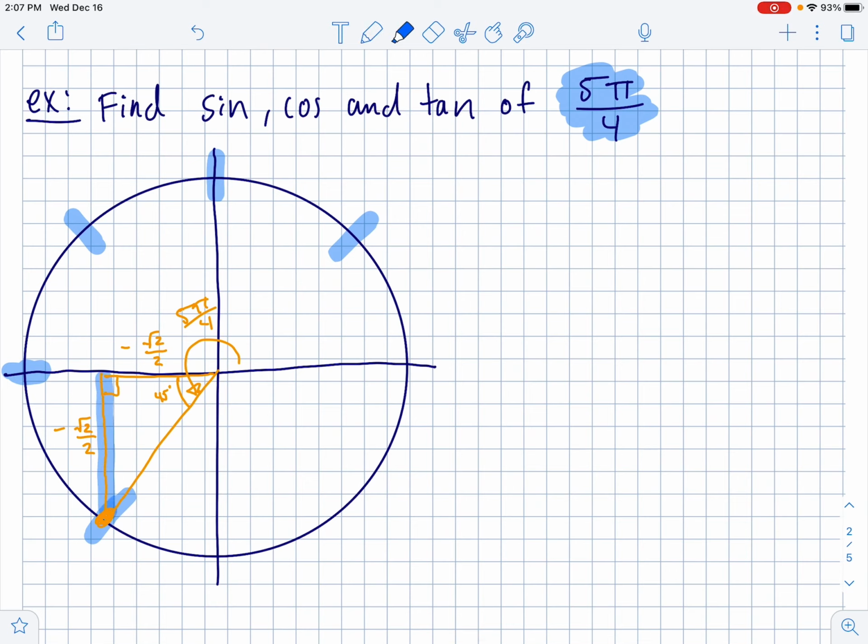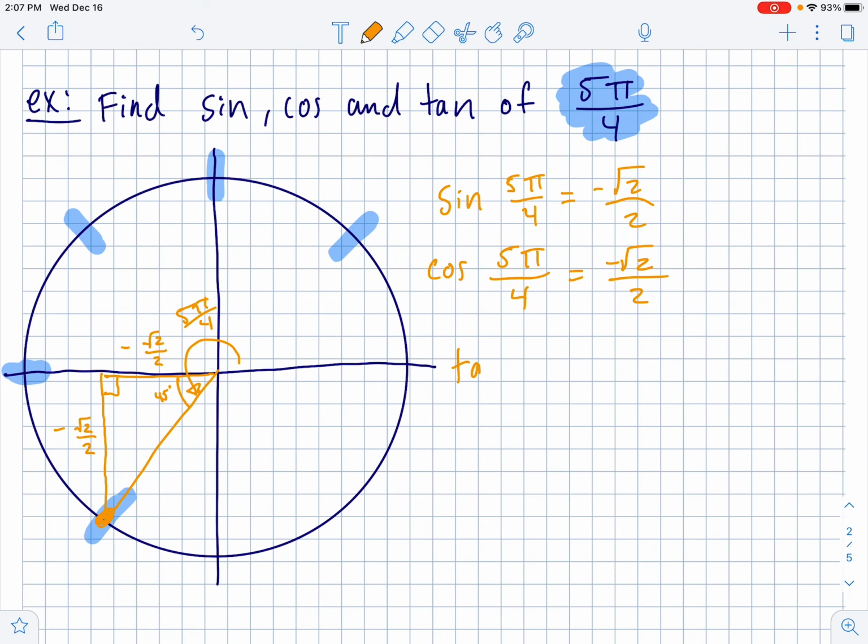Now, sine is the height of that triangle, even if it's a negative height. So sine of 5 pi over 4 is negative root 2 over 2. Cosine is the base, which is the same number, because this is an isosceles triangle. Negative root 2 over 2.